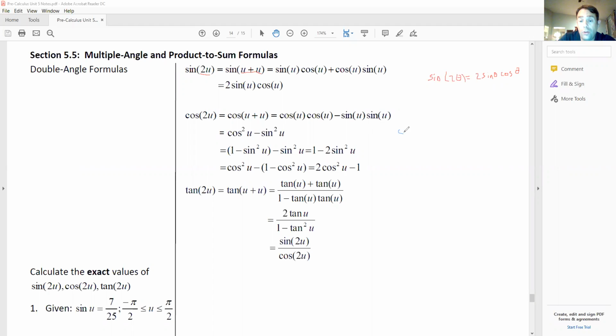So cosine 2 theta can be equal to cosine squared theta minus sine squared theta. Could be equal to 1 minus 2 sine squared theta.